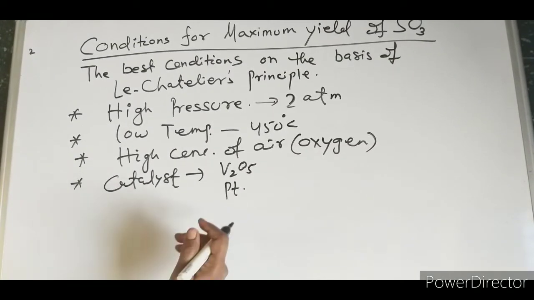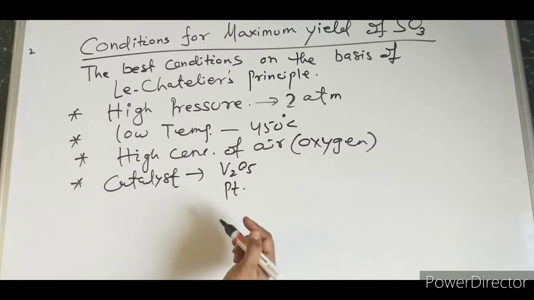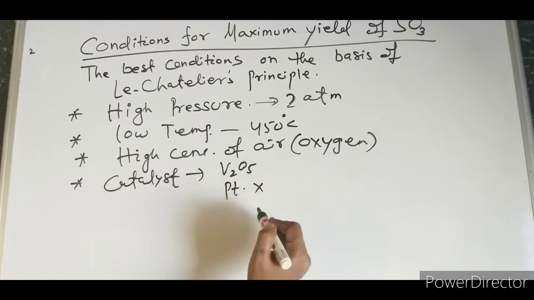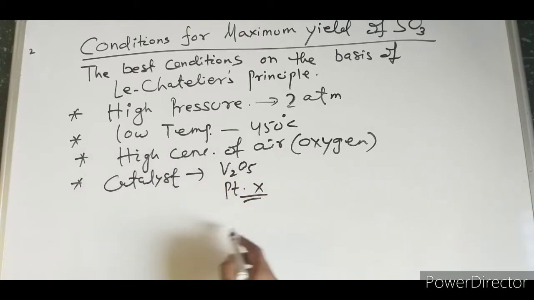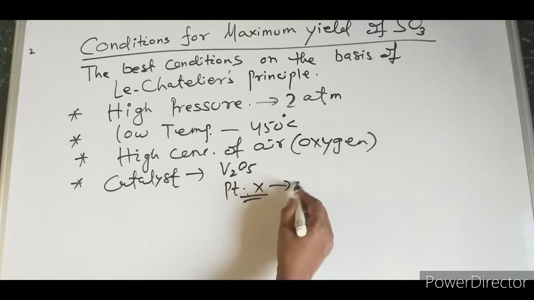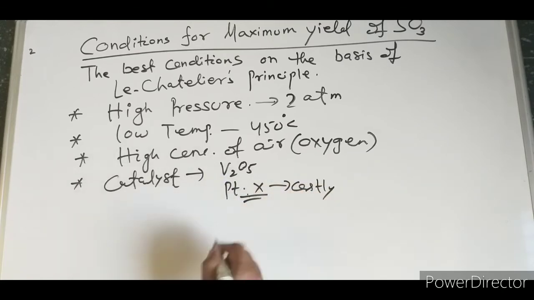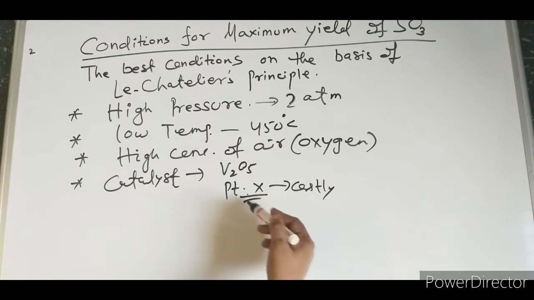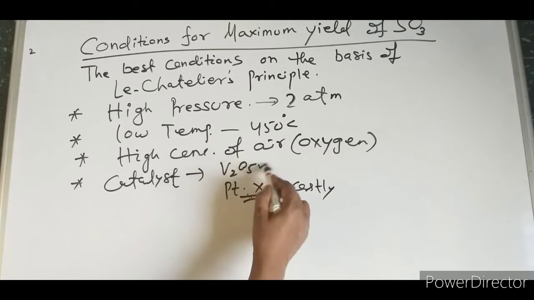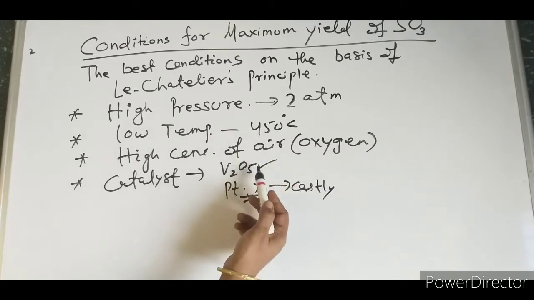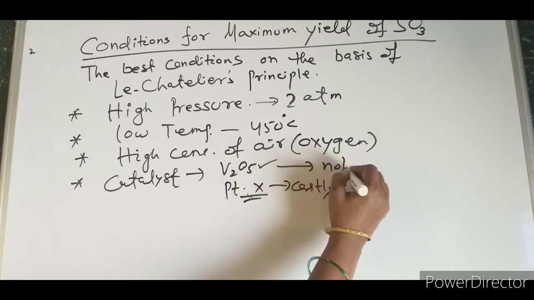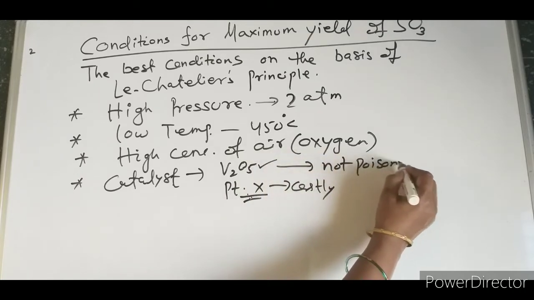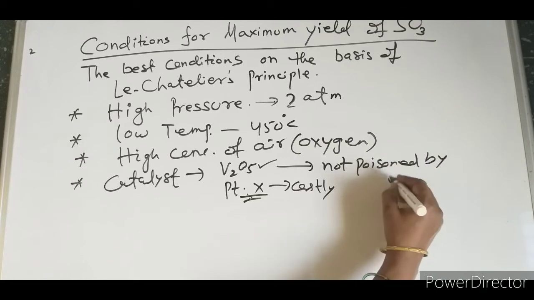Platinized asbestos is not used because the impurities present poison the catalyst, and it is also costly and may need to be replaced from time to time. That is why we do not use platinum. Rather, vanadium pentoxide is cheap and is not poisoned by impurities.